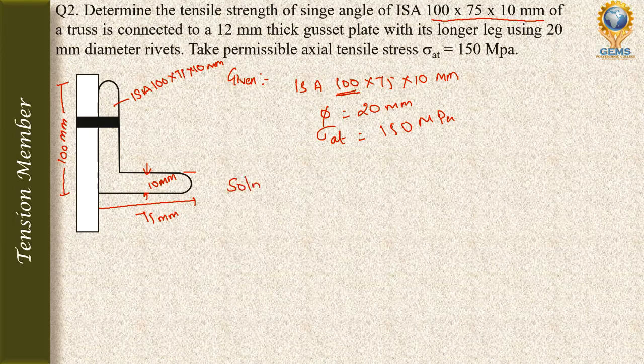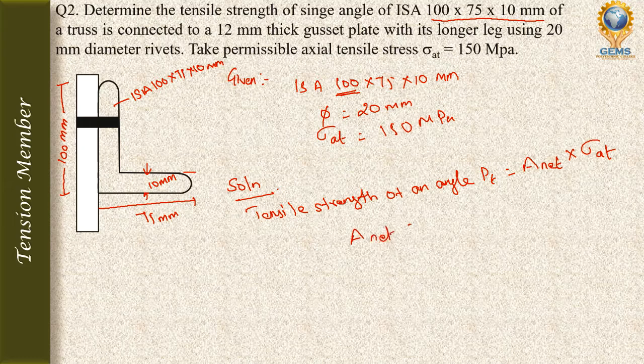So how can we find the solution? First we have to find the formula of the tensile strength of an angle. T is equal to A net, the net cross-sectional area, into sigma AT. So we have to find A net.